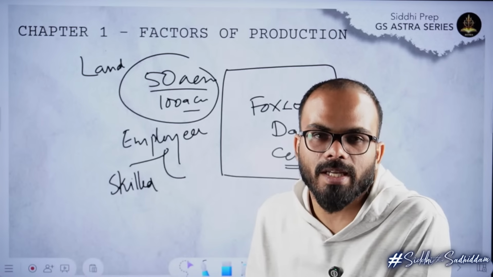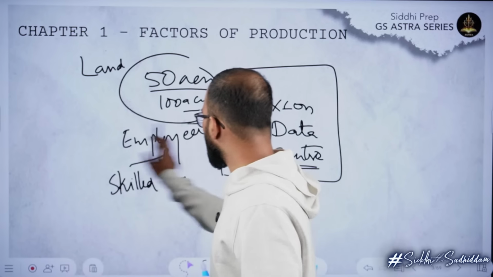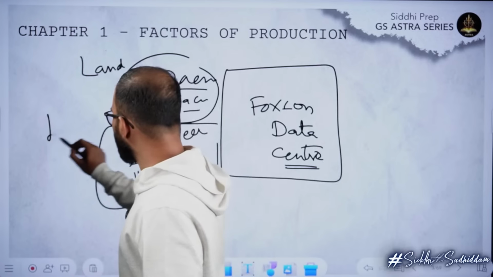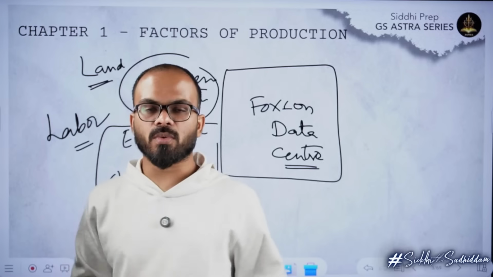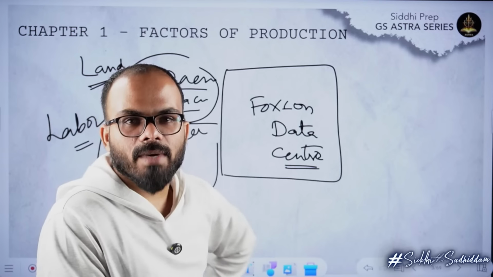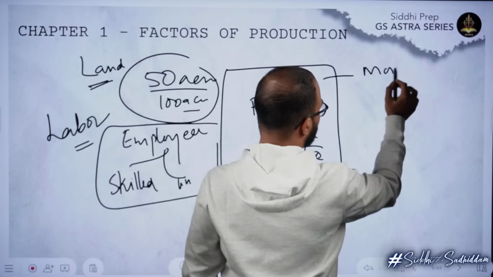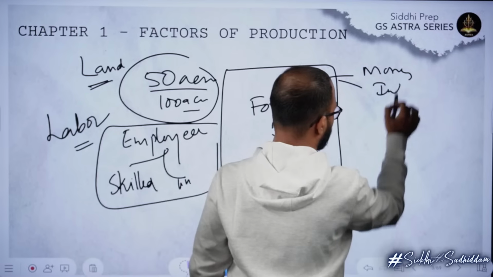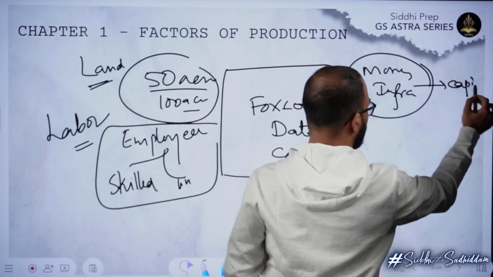So I need skilled and unskilled, all in all, I can call them labor. I have land, I have labor, but to start this data center, I need money. I also need infrastructure. All these things I can call capital.